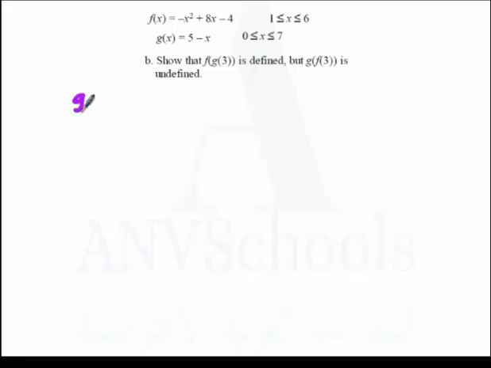Well, when you talk about the inserted value 3, it still is in the domain of our g. Notice that the number 3 here is still in the domain of 0 to 7.